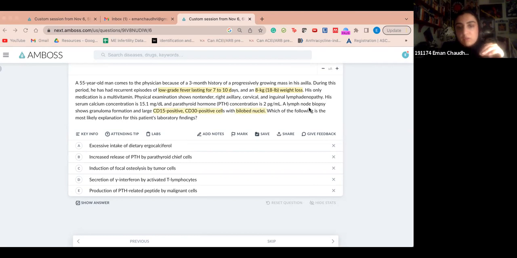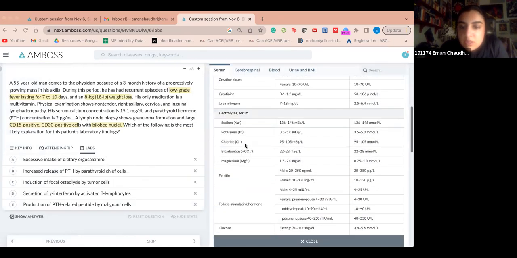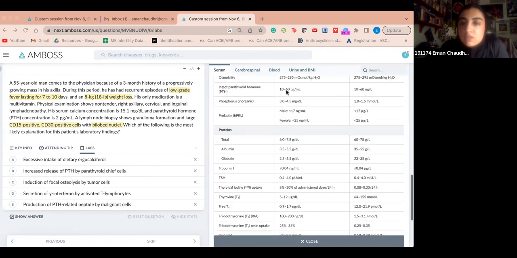So this is more about, is it Suad? Is it? Let's see. Okay, some of you are saying C. So basically, the question is asking about why does this patient have high serum calcium? And let's see the parathyroid hormone. Let's open that together. PTH. Here you go. PTH, 10 to 60. So it's really low, right? It shouldn't be 2.